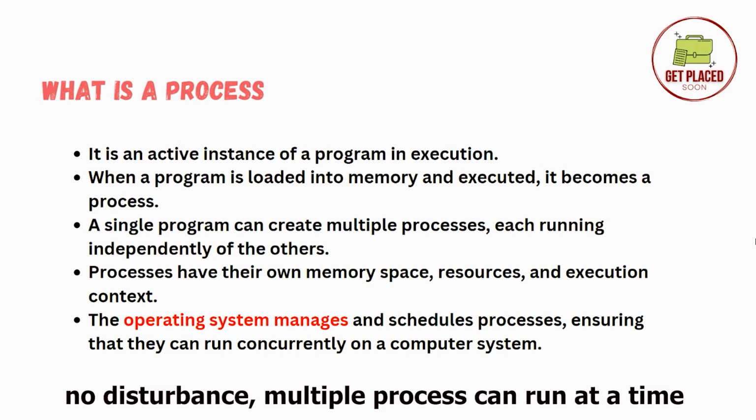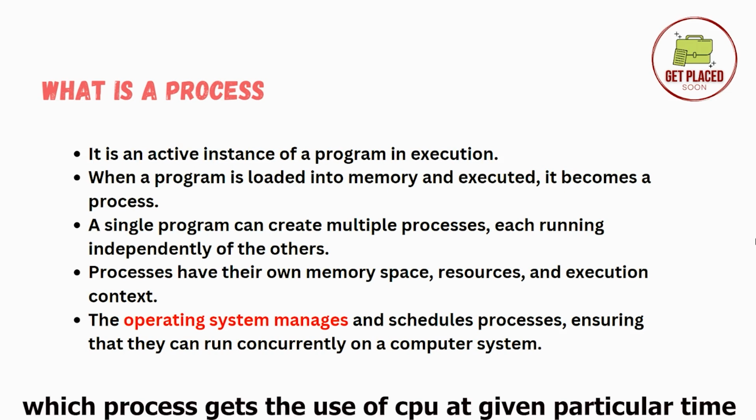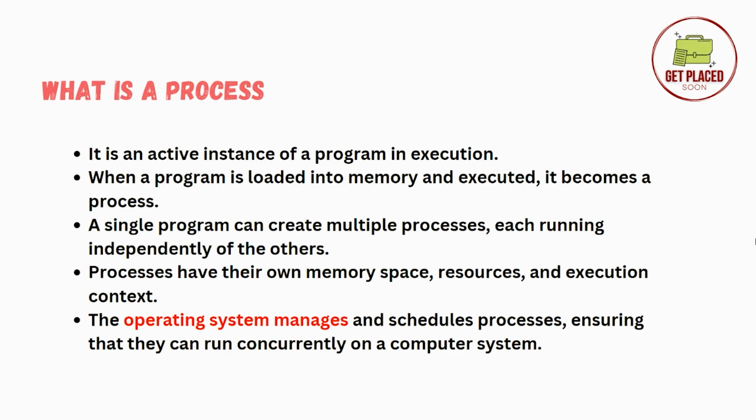Multiple processes can run at a time without any problems. It also decides which process gets to use the CPU at a given time. It is also responsible for CPU switching. So all these things are managed by the operating system. We'll also look at this in the upcoming slides and upcoming videos. So please stay tuned.